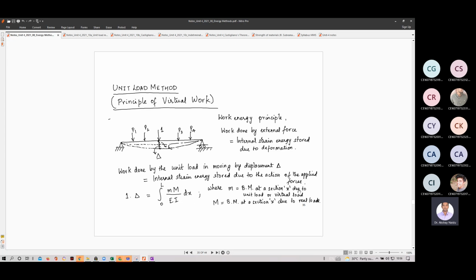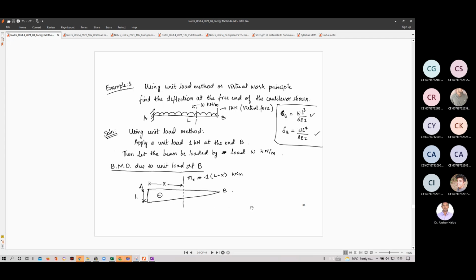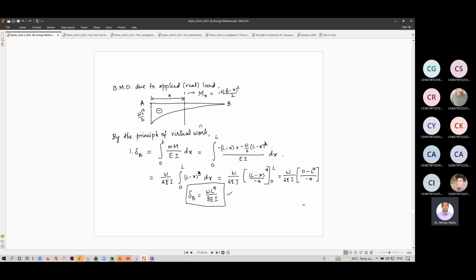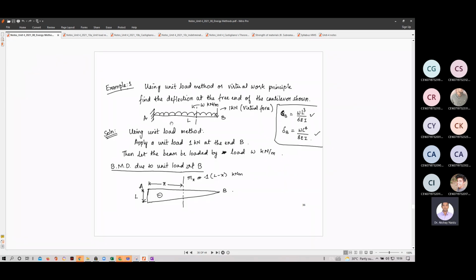Small m is the bending moment at a section x due to unit load. Capital M is the bending moment at a section x due to real loads. So here, I have a cantilever with a uniformly distributed load. I want to find the deflection at the free end.